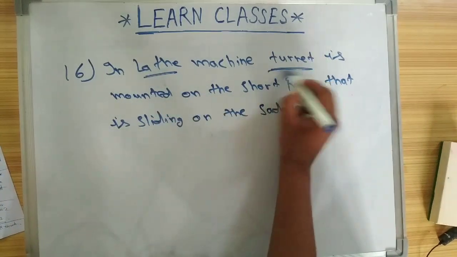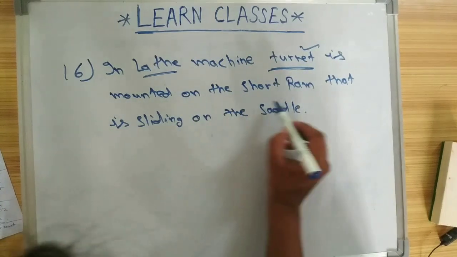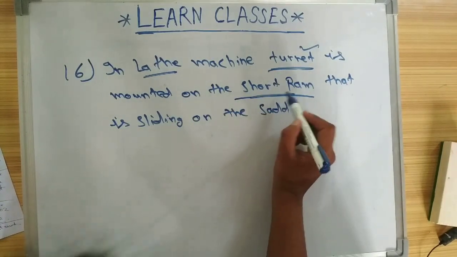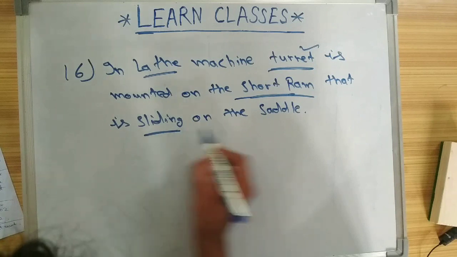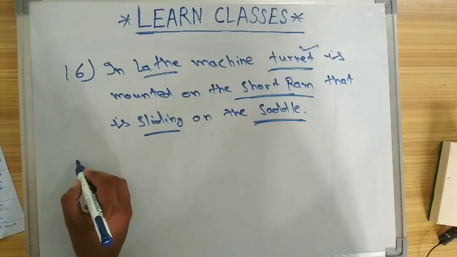In lathe machine, turret is mounted on the ram that is sliding on the saddle.